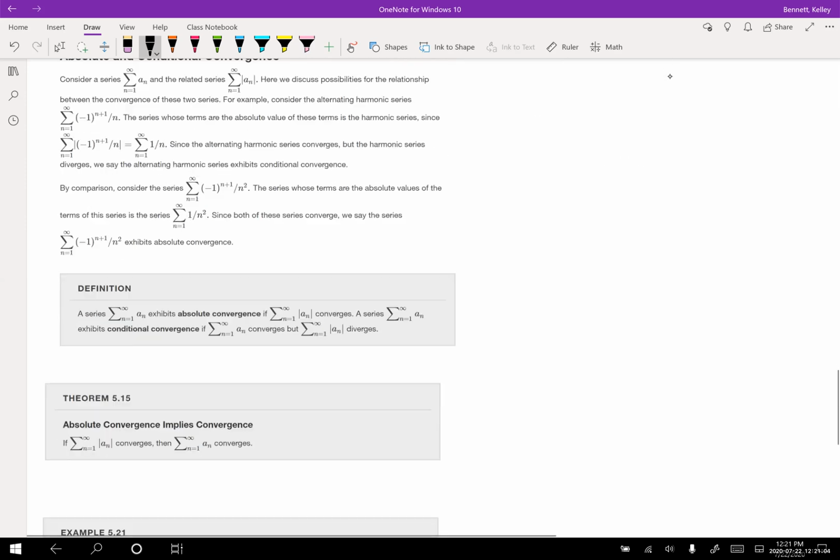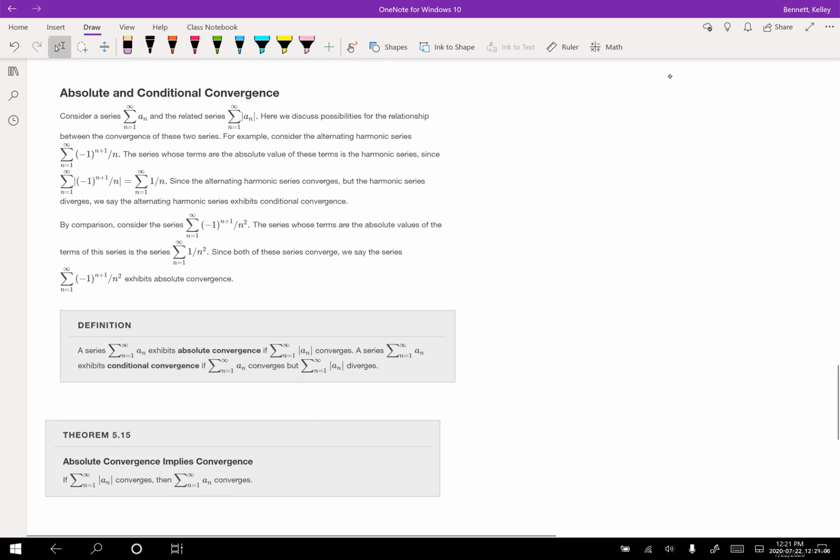Okay, so the last thing to cover is absolute and conditional convergence. So when you have an alternating series, you could consider the absolute value of that. So like, let's say you had negative 1 to the n plus 1 of 1 over n, for example. You could also consider just taking the absolute value of that.